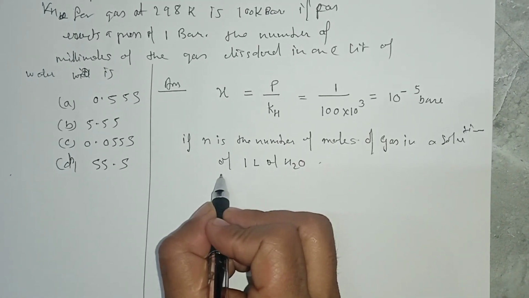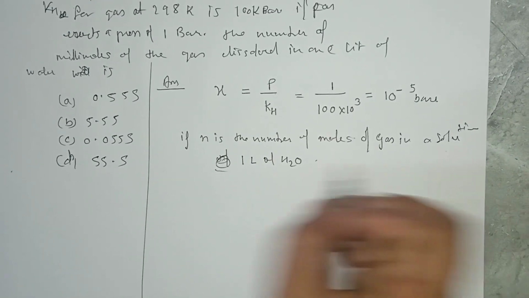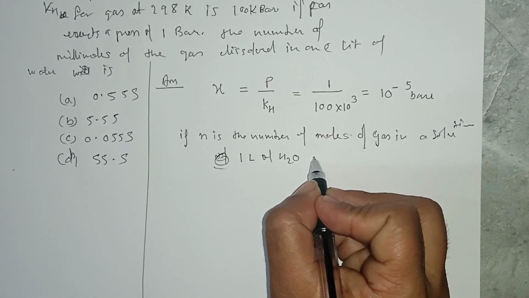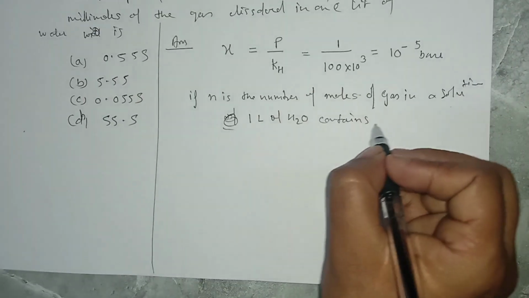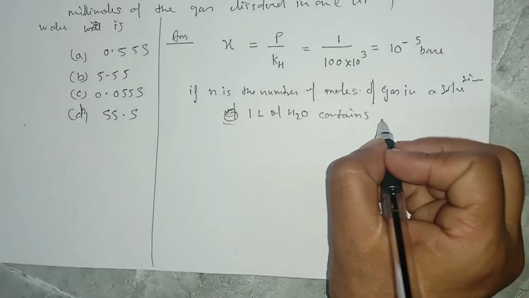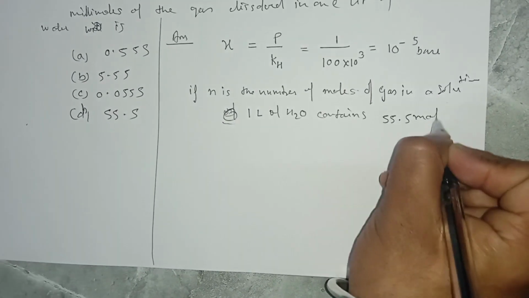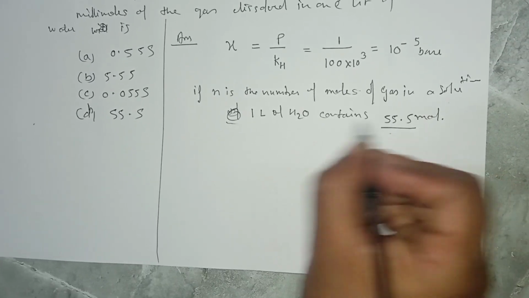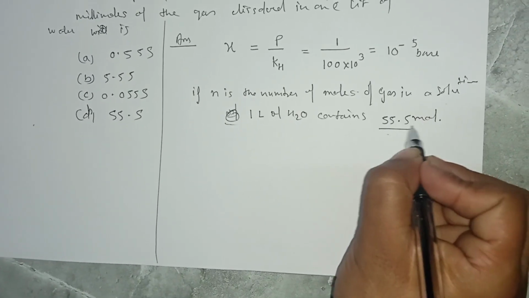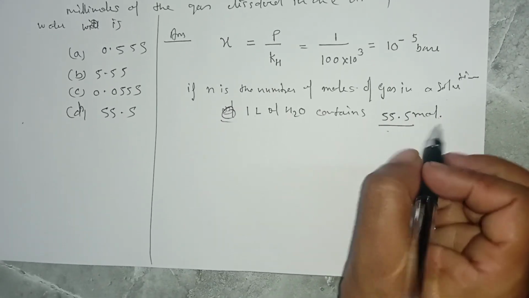We know that 1 liter of water solution, you must learn these things. So 1 liter of H2O contains 55.5 mole. You need to learn this in order to save your time, because in several places you need this value.